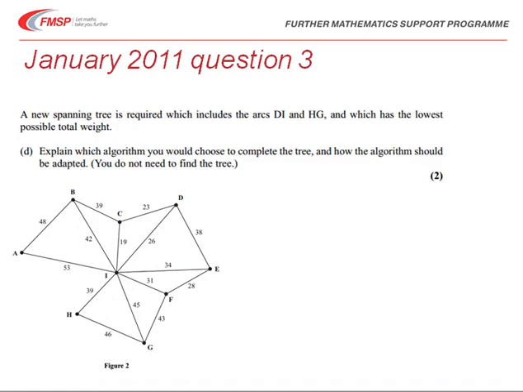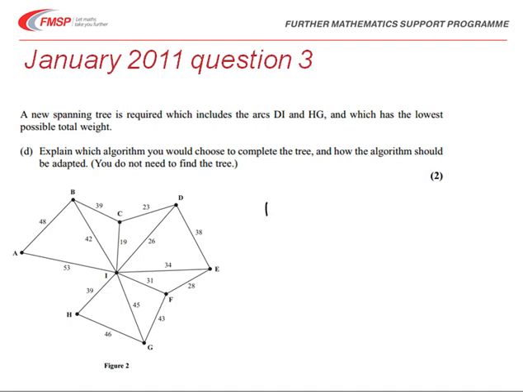In the next part of the question, we're asked to say how we would adapt one of the algorithms to include two particular arcs, DI and HG, and then to find a spanning tree of lowest weight including those. So we have to use the one where we're choosing arcs by size at the time.